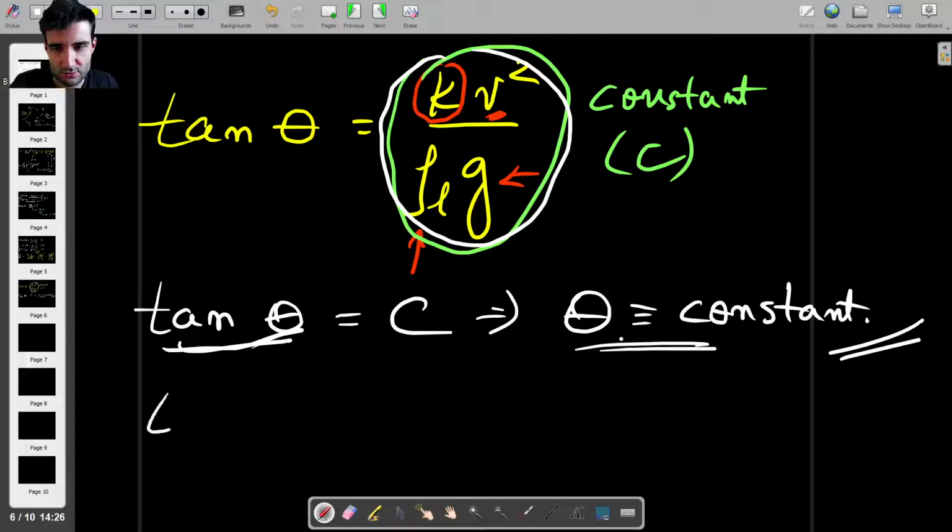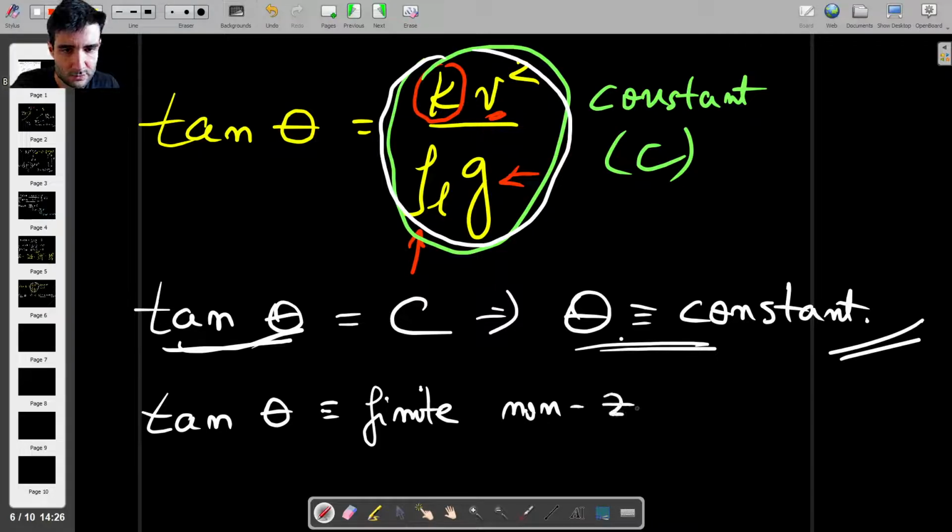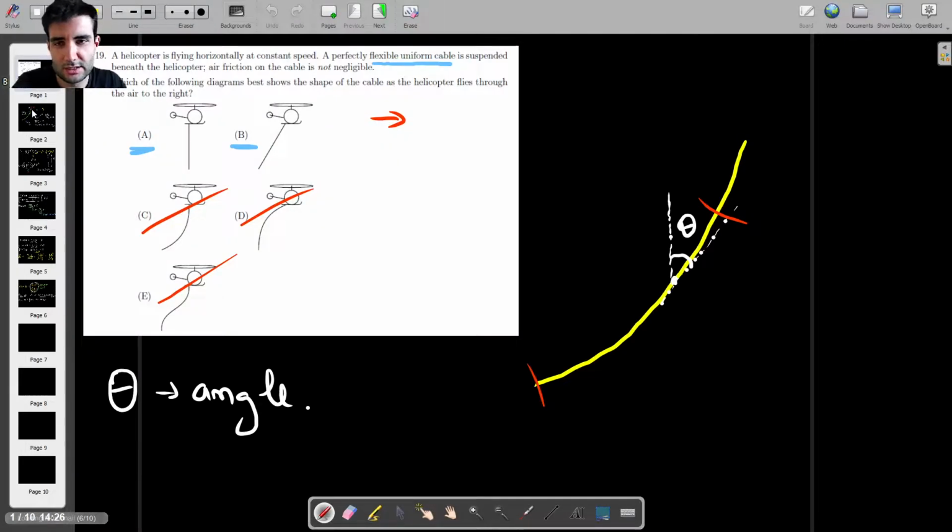So tan theta is equal to some finite non-zero value, which means that the cable has a slope and the slope is constant, which ultimately means that the correct answer is B. So while flying with a constant velocity, the cable will assume this linear shape. That's an analytical way of thinking about this problem, and that's the end of the question.